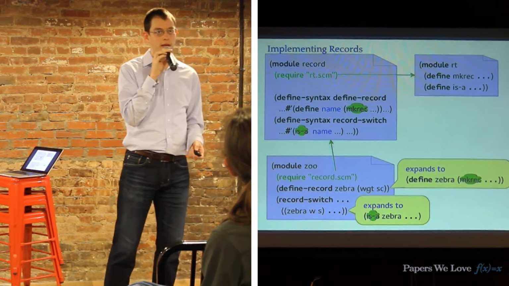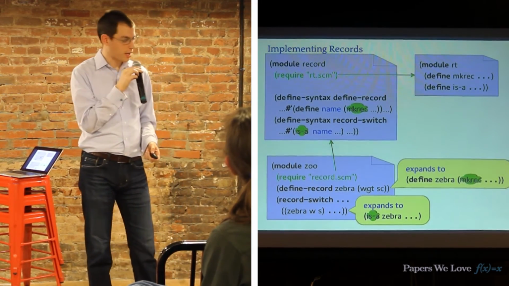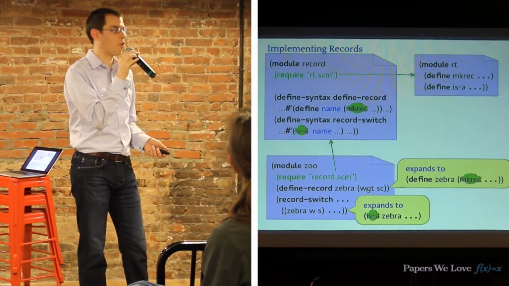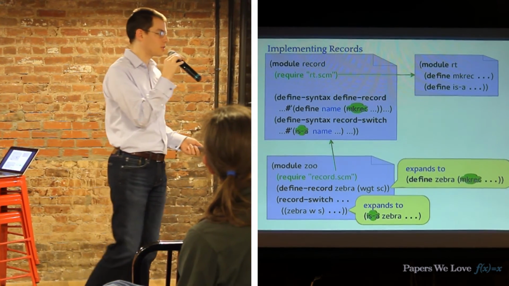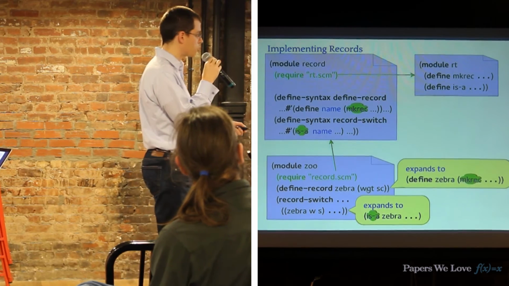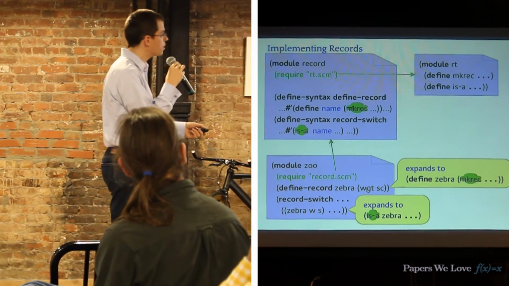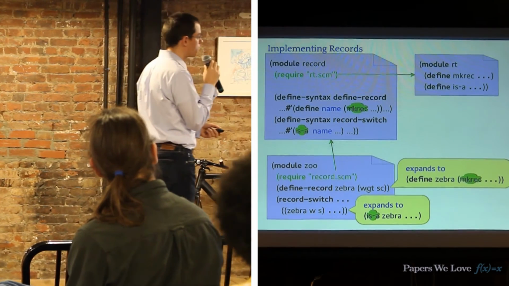However, we can make things a little more interesting by moving some of the runtime support for our record system, the thing that lets us create new records, over into this runtime support module.